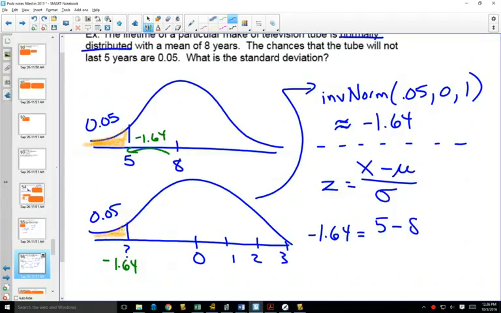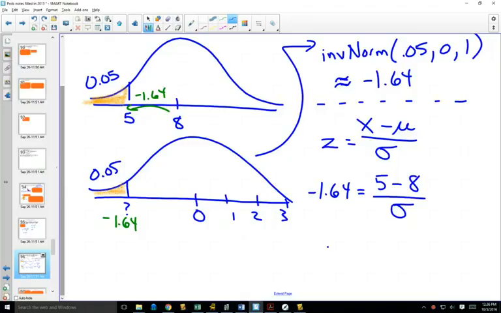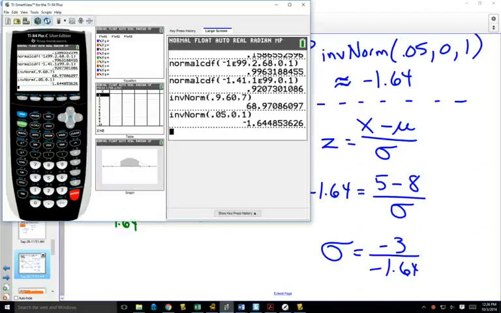We know that our mean is 8. The only thing we don't know is our standard deviation. And so solving for the standard deviation, this will be negative 3 on the top divided by negative 1.64, which is 1.82.